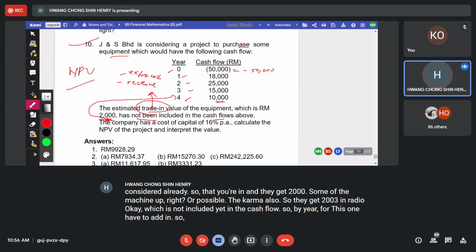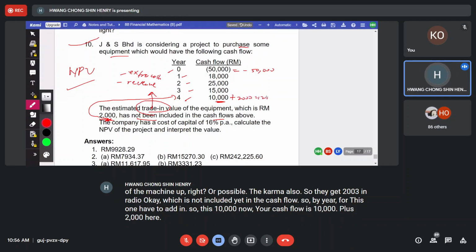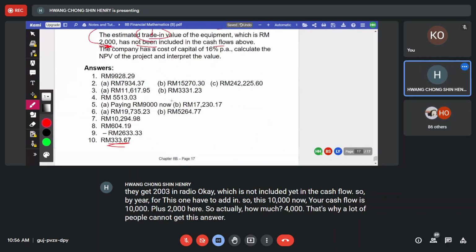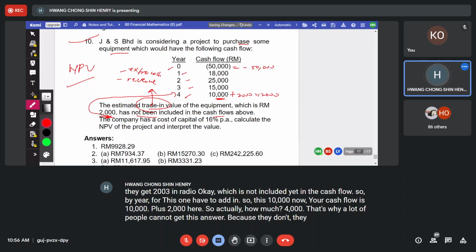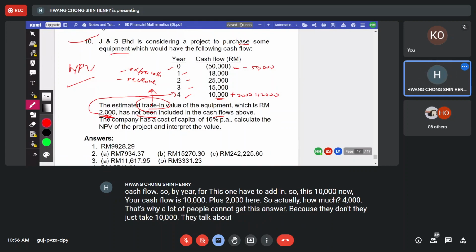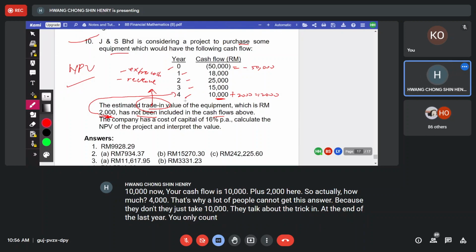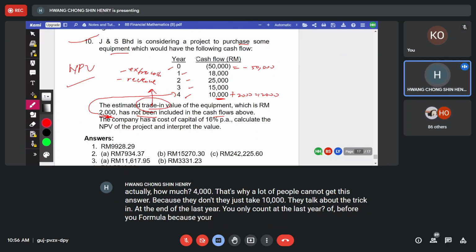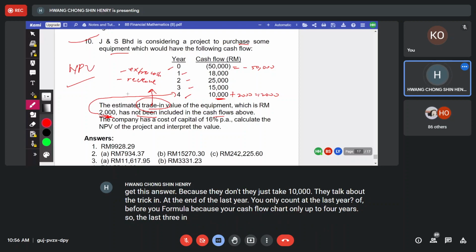So this 10,000, your cash flow is what? 10,000 plus 2,000 here. So actually how much? 12,000. That's why a lot of people cannot get this answer, because they just take 10,000. They forgot about the trade-in at the end of the last year. You only count it at the last year, before you sum it up, because your cash flow chart only goes up to 4 years.